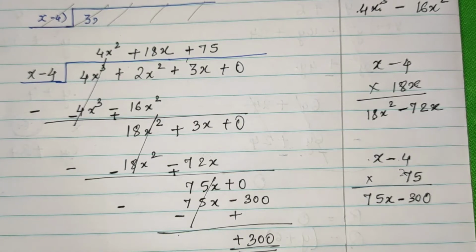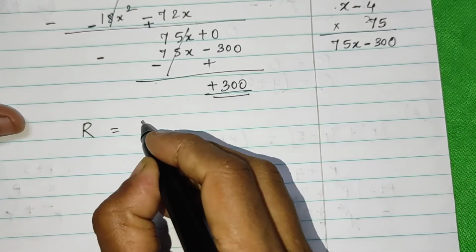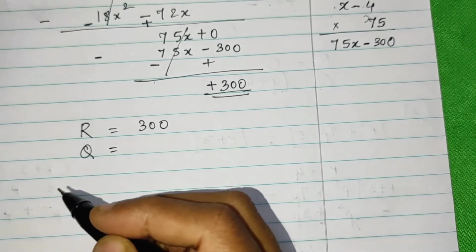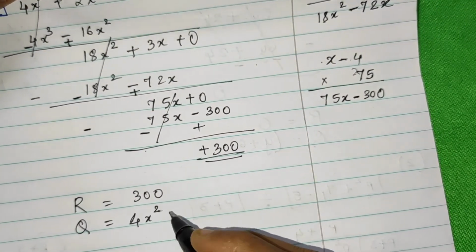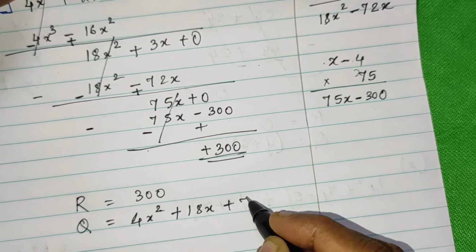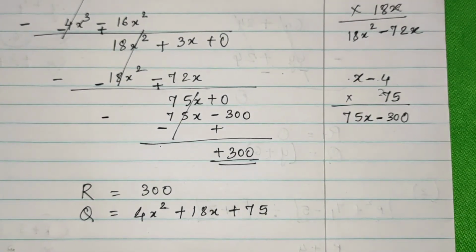So, this is your remainder 300 and your question is 4x square plus 18x plus 75. This is your question.